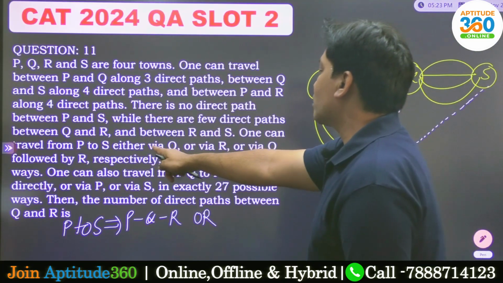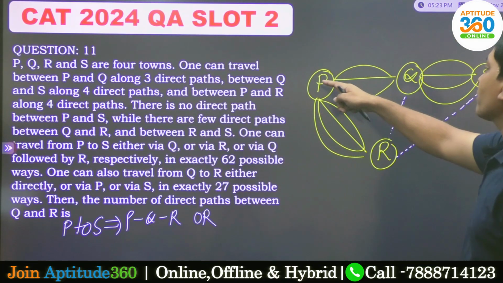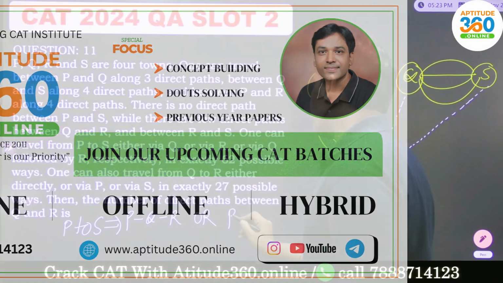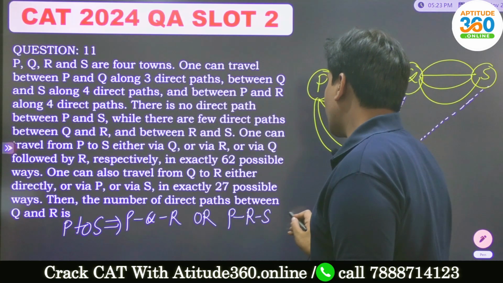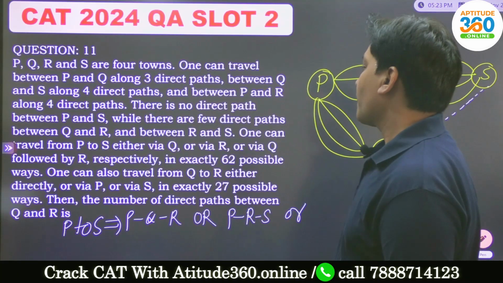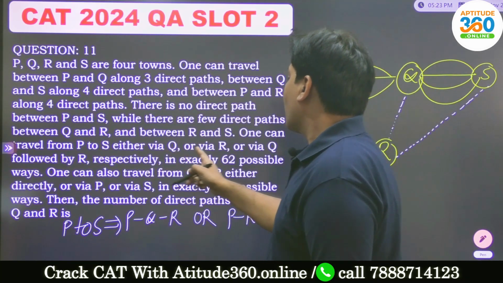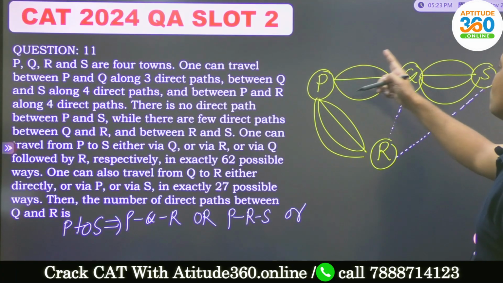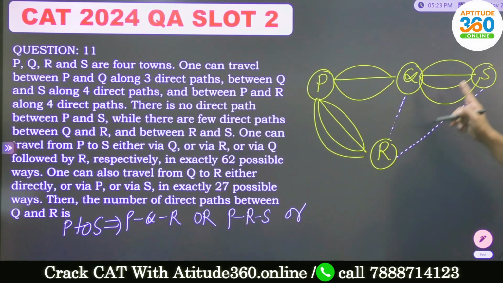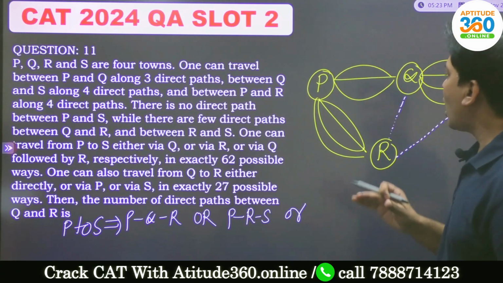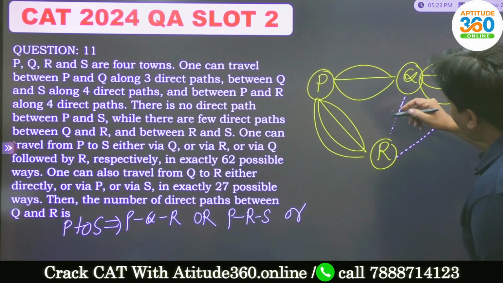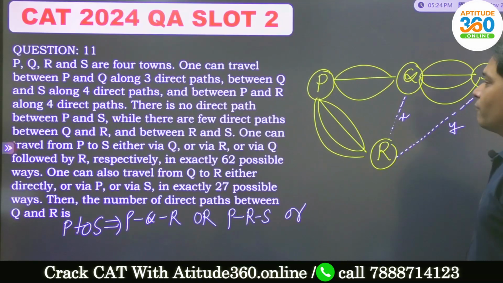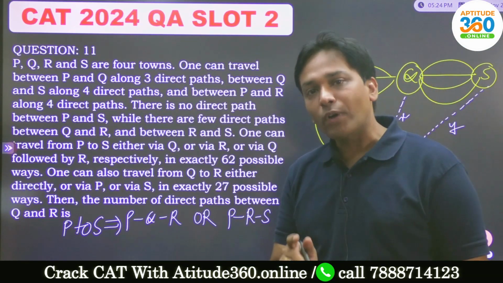One can travel from P to S either via Q or via R. So the first path is P to Q to R, then R to S, or P to R, R to S, or via Q followed by R. So P to Q, Q to R, R to S. We have no idea how many paths there are between these, so I'm going to assume that there are X paths and then there are Y paths. We should be able to find out the values of X and Y, right?